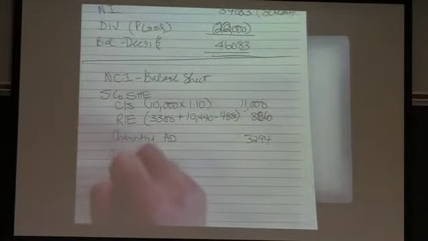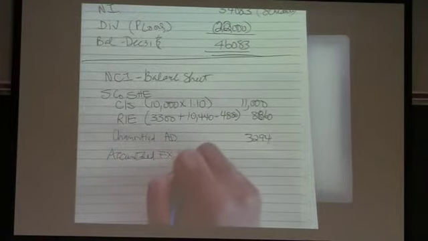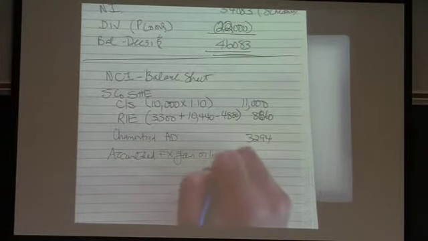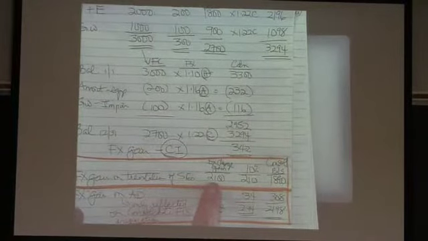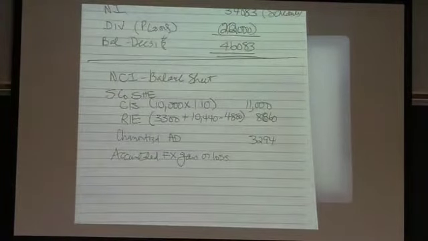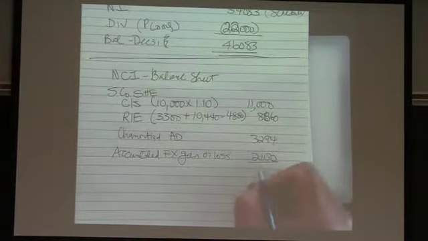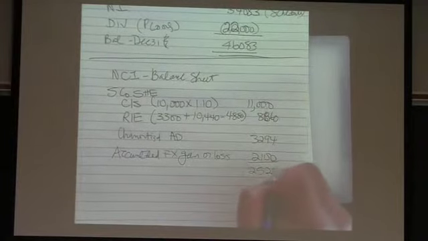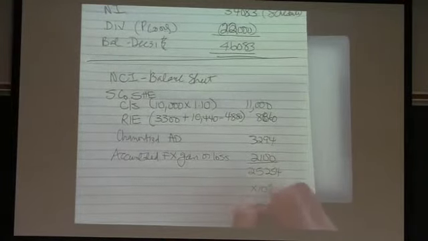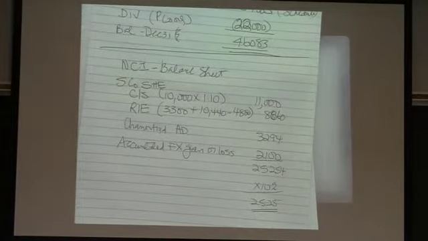And the cumulative FX gain or loss from translation, which is this 2,100. That gives me 25,254 times 10% to give me 2,525. That's my translation balance sheet.